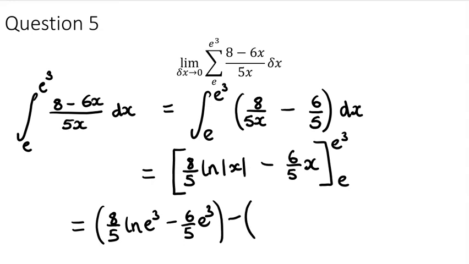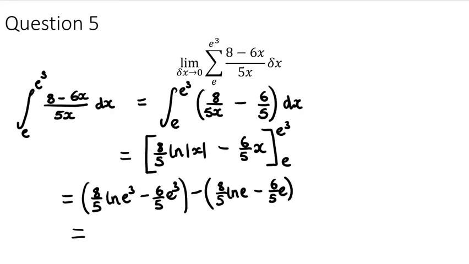I'm then going to sub in my lower limit of e, so it'll be 8/5 natural log of e minus 6/5 e. Right, and then we're just going to simplify. So natural log of e to the 3, that's just going to be 3, so 8/5 of 3, that'll be 24 over 5.